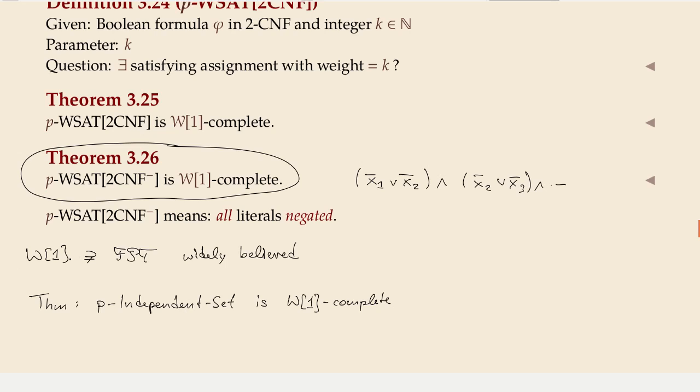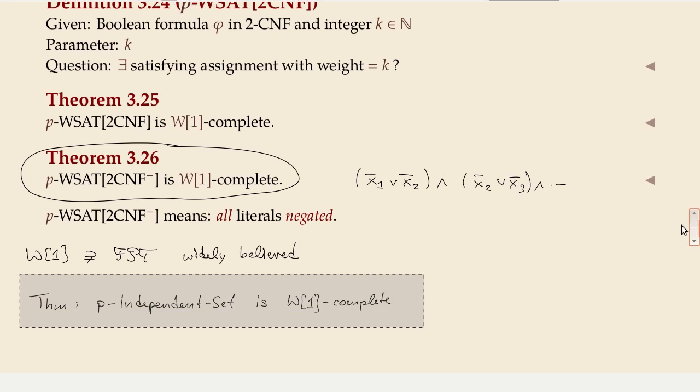That means if a problem is W1 hard, you will probably not find a fixed parameter tractable algorithm. And therefore, we will, for a few problems, show that they are W1 hard. In a few lucky cases, we can also show that the problems are themselves in W1. Which we'll now do for the easiest ones. And then I'll come back to this.